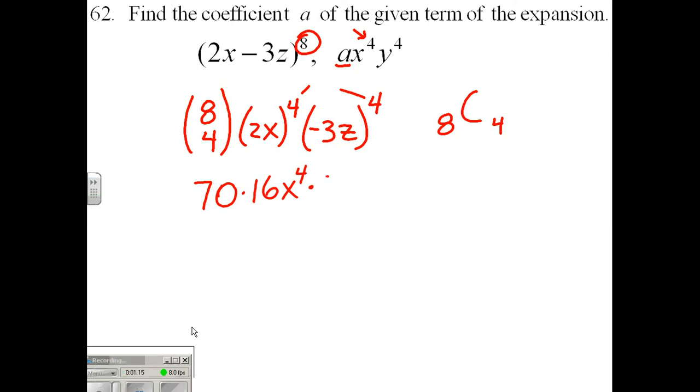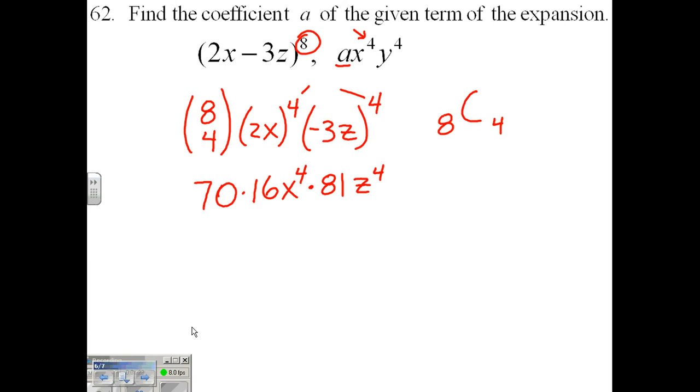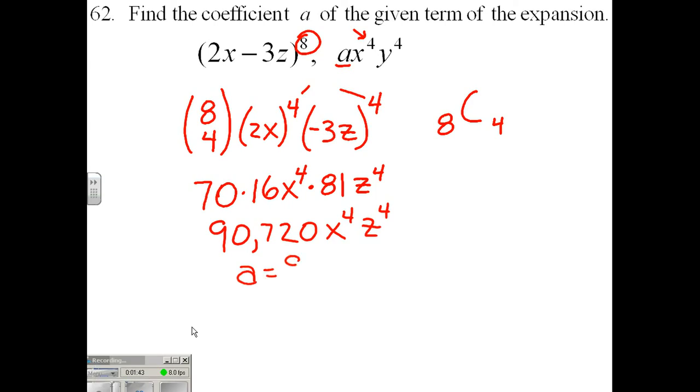I need 3 to the fourth, 81, and I need z to the fourth, which leaves me with 70 times 16 times 81, 90,720 x to the fourth, z to the fourth, which is great, but the book's really asking for what is a. 90,720. Nice break from having to expand that.